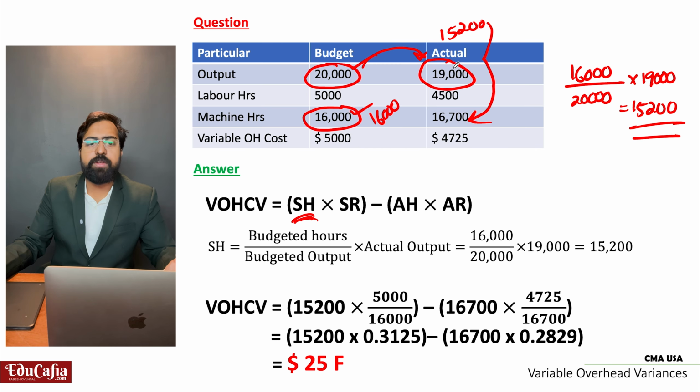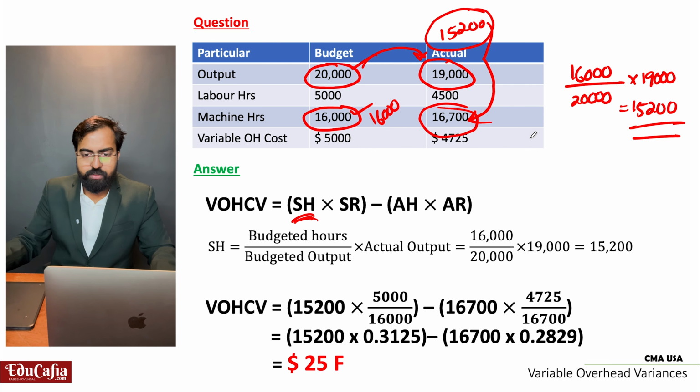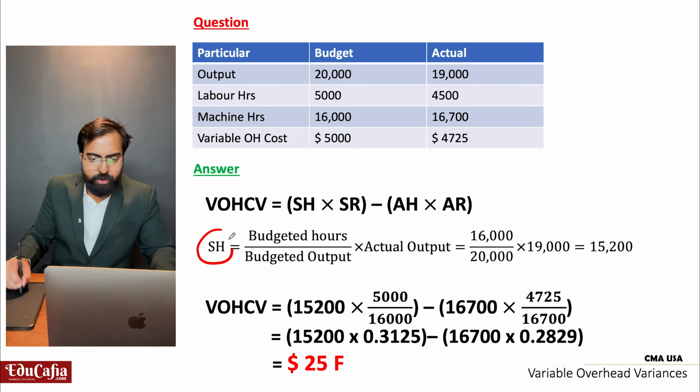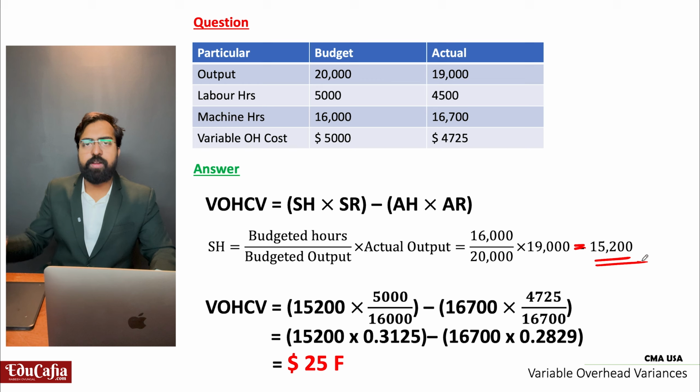For 19,000 units, 15,200 hours are required, but actually 16,700 happened. So SH is equal to 16,000 divided by 20,000 into 19,000, which is 15,200. So we got SH.